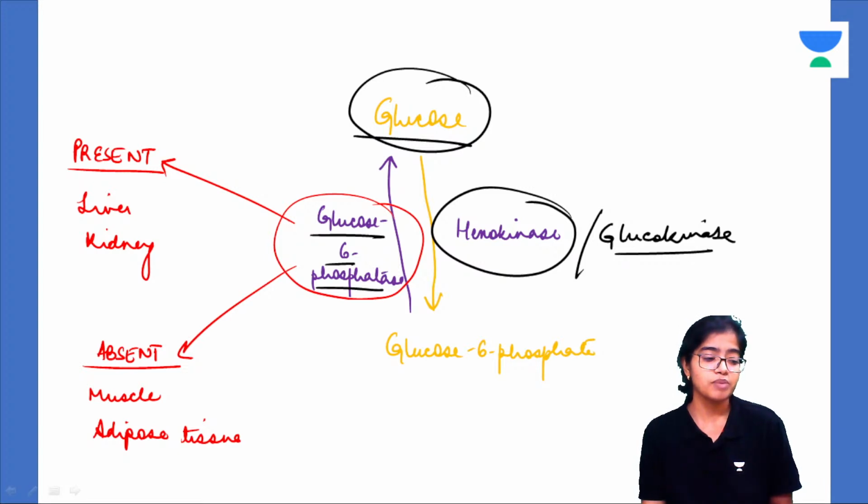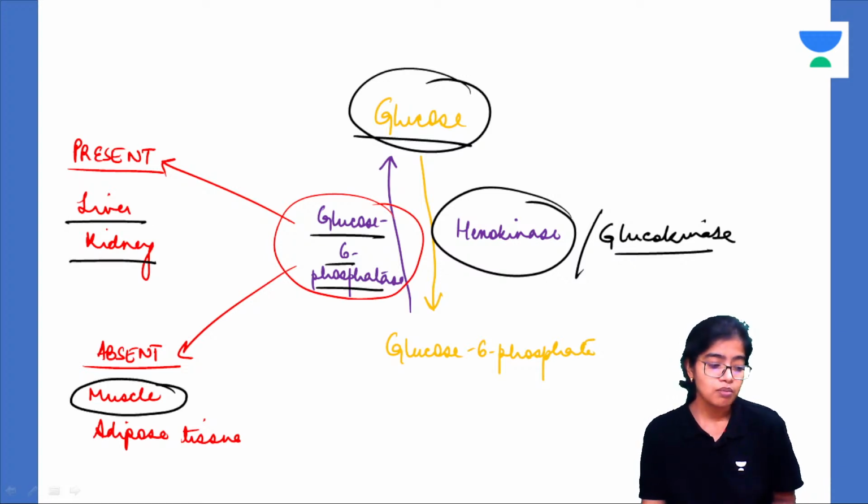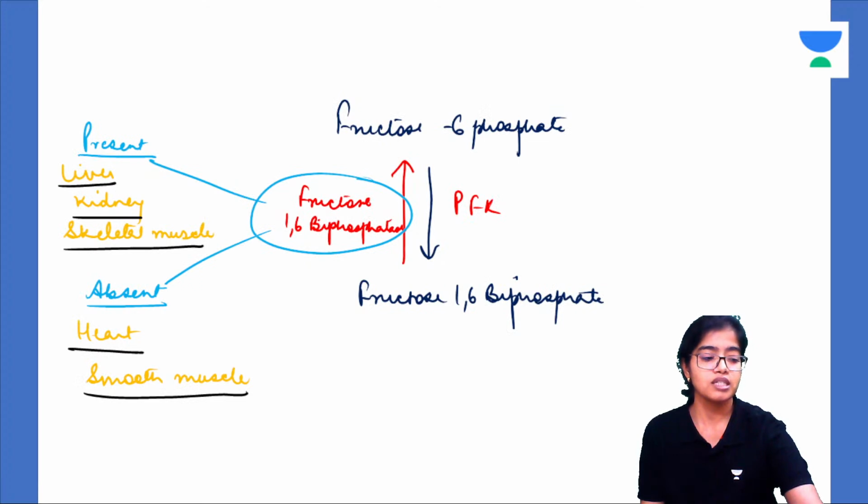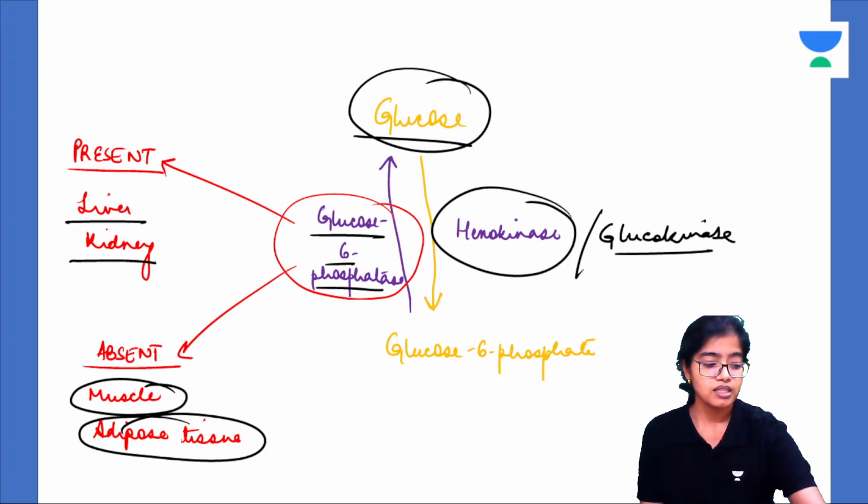Where is this present? We have read about this. Glucose 6-phosphatase is present in the liver and in the kidney. It is absent in muscle, both skeletal and smooth, and in the adipose tissue. Fructose 1,6-biphosphatase was also present in the skeletal muscle, but this one is absent in the skeletal muscle as well.